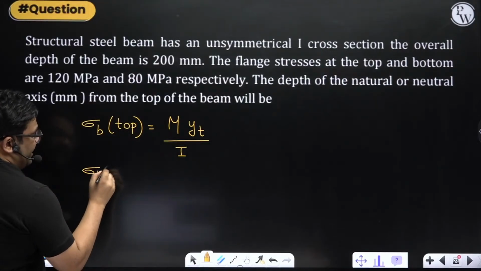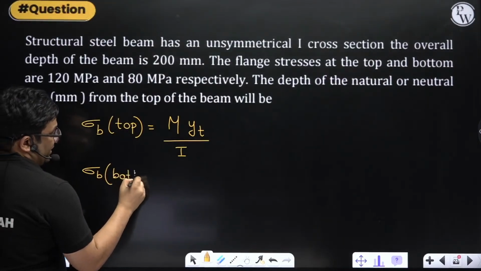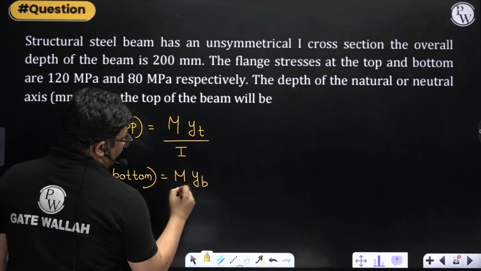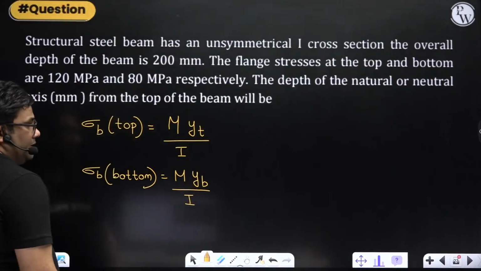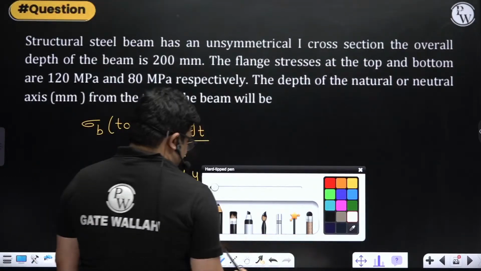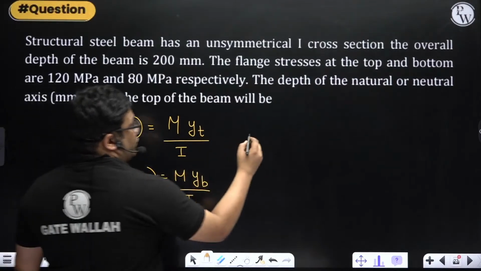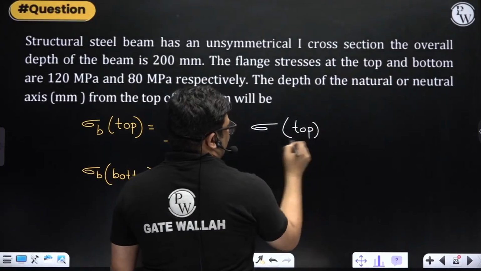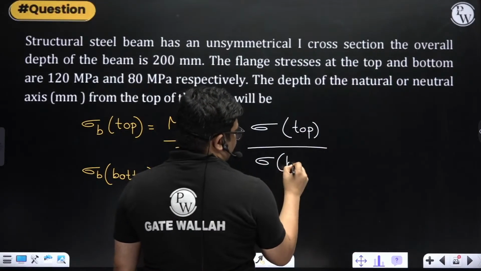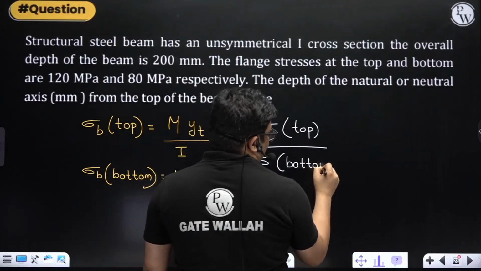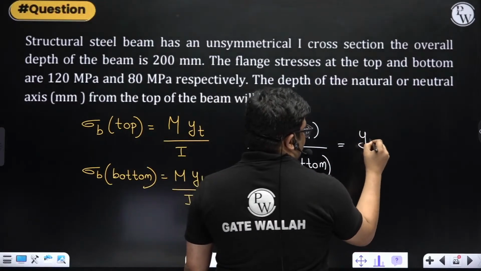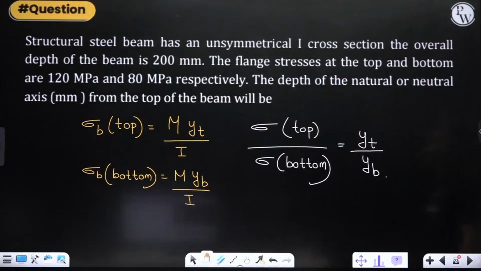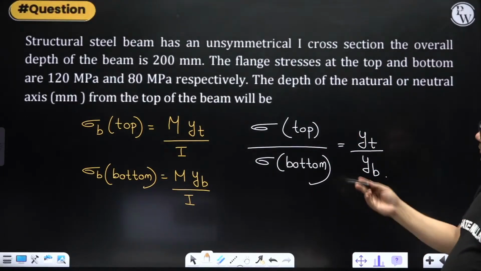And the bending stress at bottom will be equal to bending moment into y bottom by I. Now see, at a particular section, bending moment will be the same, I will be the same. So if I take the ratio of the bending stress at top and bottom, it is nothing but y top by y bottom, right? Other things will get cancelled, bending moment is the same, I is the same.